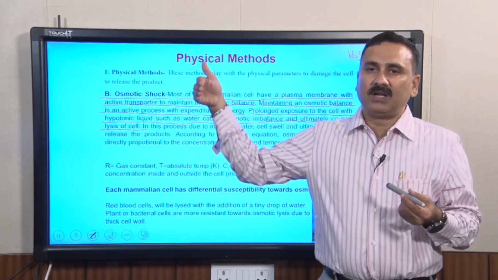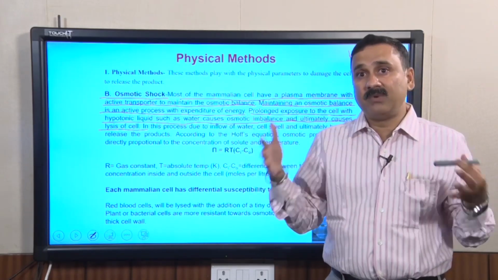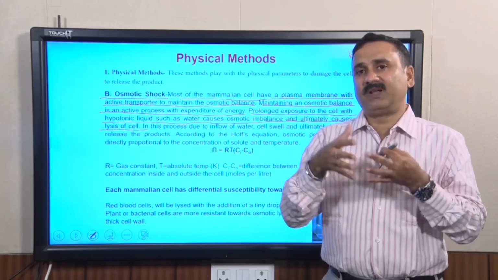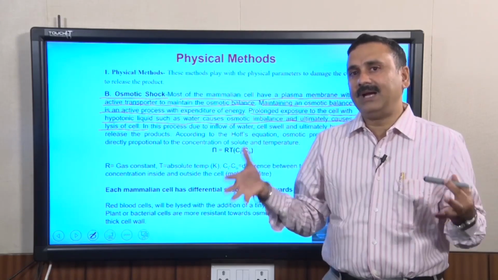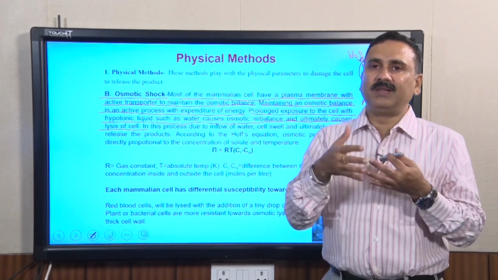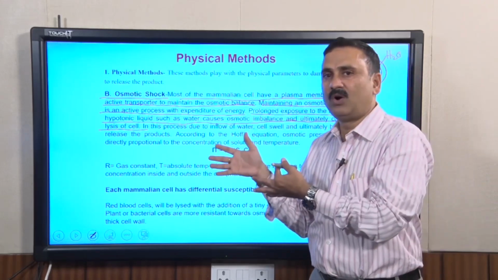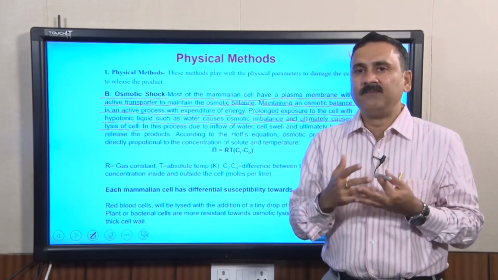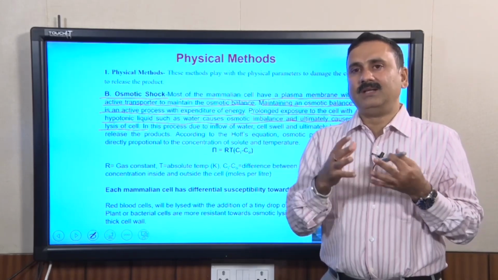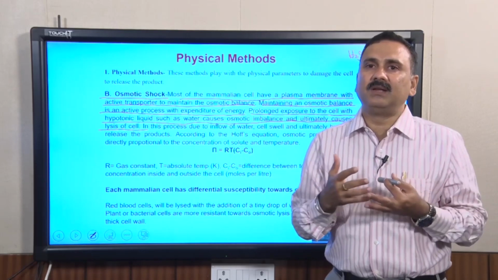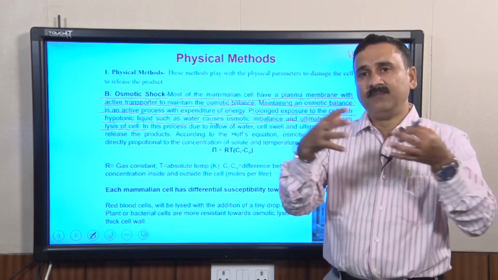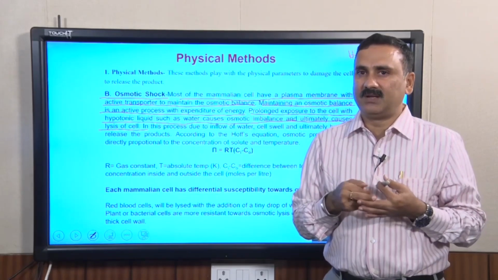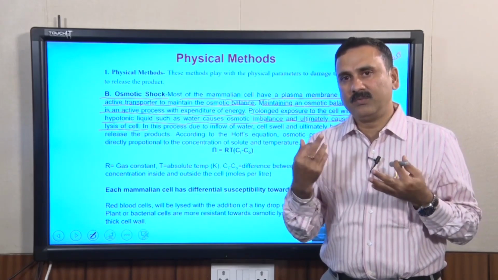The water will keep coming inside until the cell can no longer sustain that expansion, and then it does exactly what we discussed just now about thermolysis. It will burst, because the cell cannot sustain that much expansion, and the cellular content will be released into the external media.